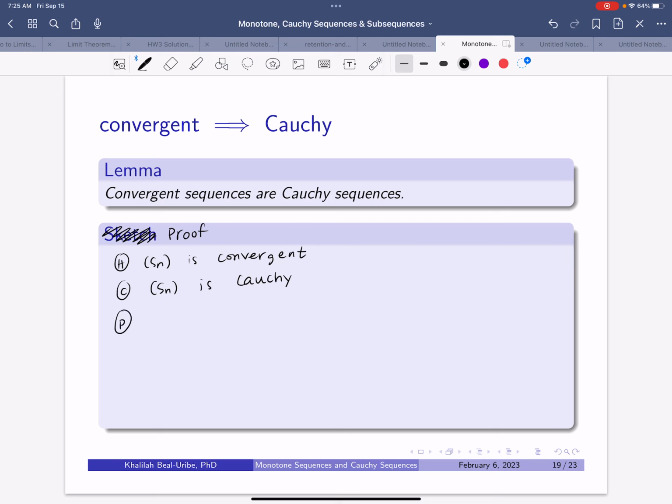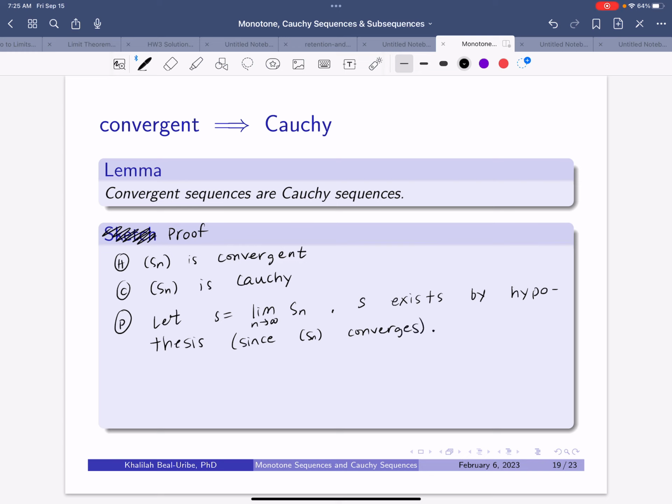For the proof, since Sn is convergent, there exists some real number S which is its limit. Let S equal the limit of Sn. This is guaranteed to exist by hypothesis, since Sn converges.